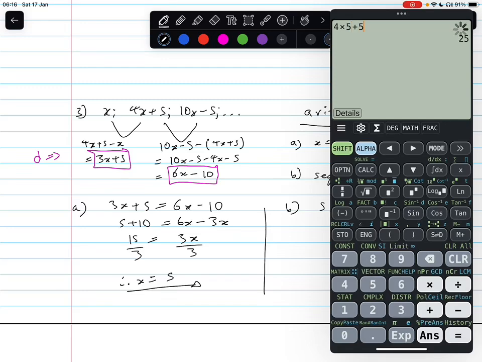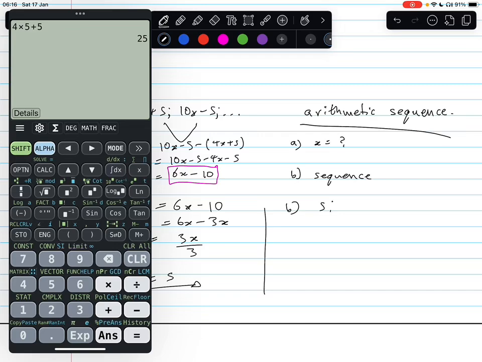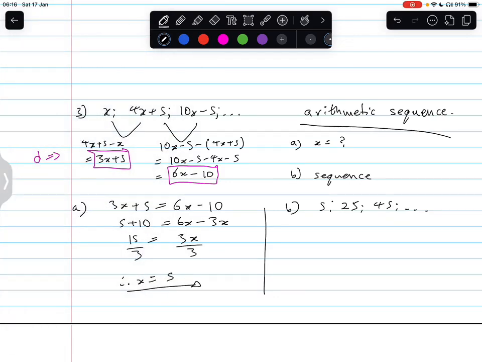Second term is 25. And then third term is 10 times 5 minus 5. What do we get here? 45. And that's our sequence. Cool.